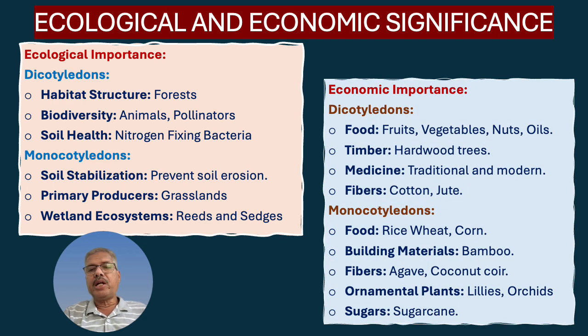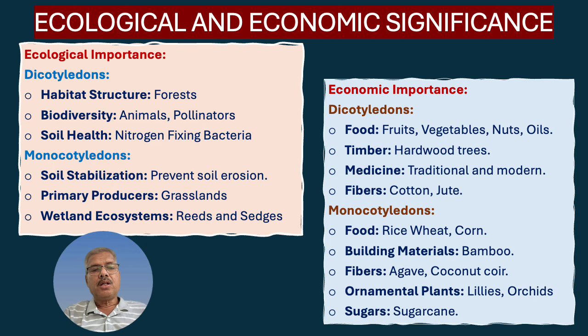The immense biodiversity within the dicot group enhances the overall richness of plant communities, and many dicots are crucial for pollination, supporting insect populations. Furthermore, dicots like legumes contribute to soil health through a symbiotic relationship with nitrogen fixing bacteria.